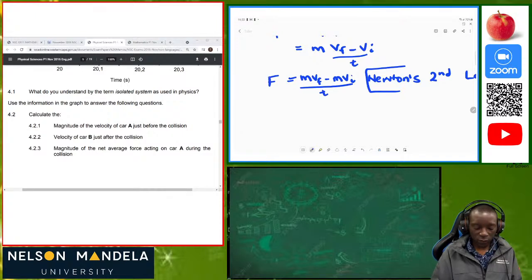That's equivalent to the force. So the force that is present in this system during the collision is the net average force that changes the momentum of the colliding bodies.